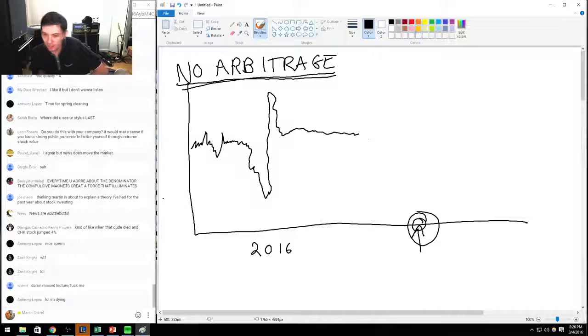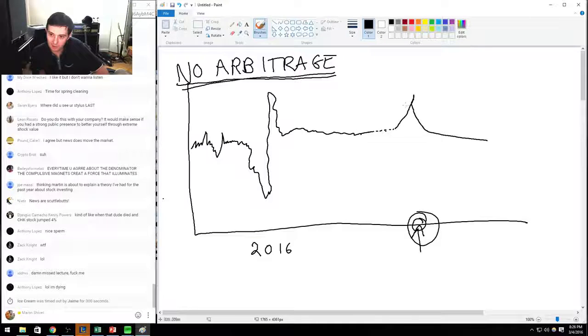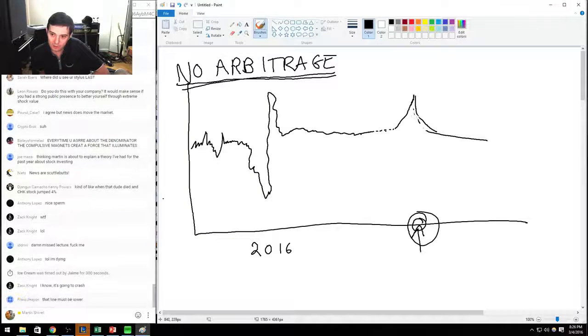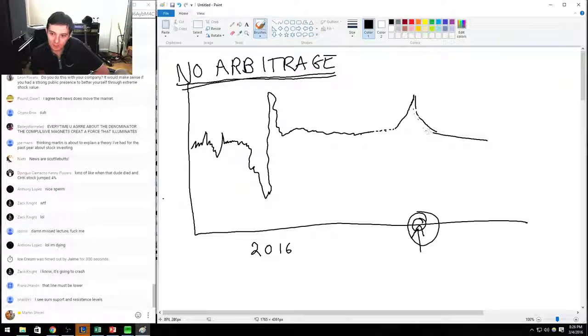So it's not possible that you can load up into the stock, buy the stock, and hope that it goes up and then sell it right after the news, because everybody knows that news will be that day. So there's no way to game it if everybody knows that's when the news is going to be.